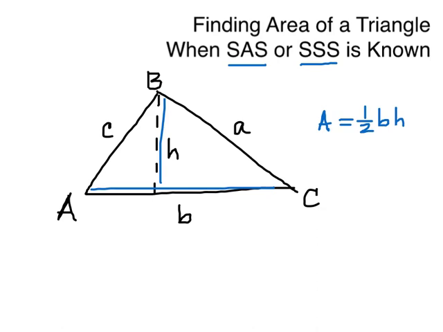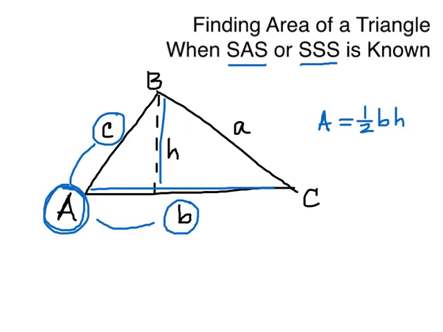One of the things we're going to do is, if we know a side, an angle, and another side, where that's what I mean by side, angle, side, it has to be the angle in between the two sides. If we know those three pieces of information, we can find the area of the triangle using trigonometry.